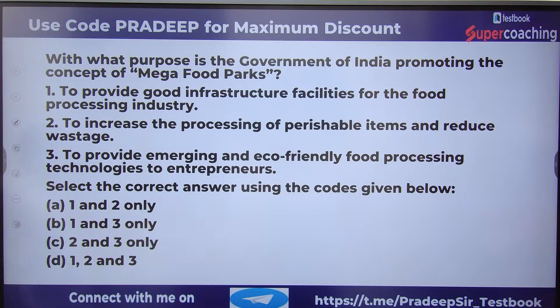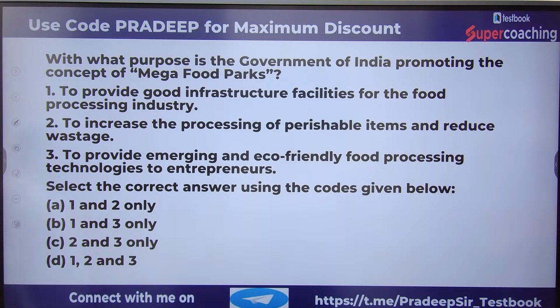Right answer, Sokat. Anybody else? The right answer is D. All the three statements are correct.